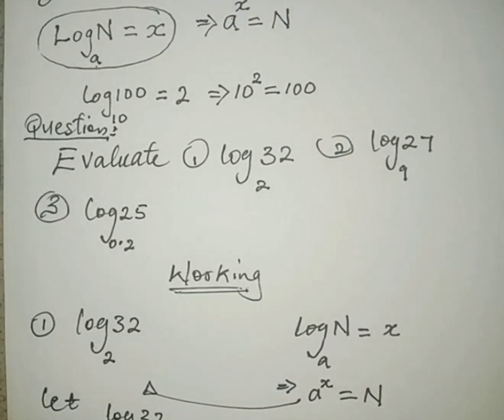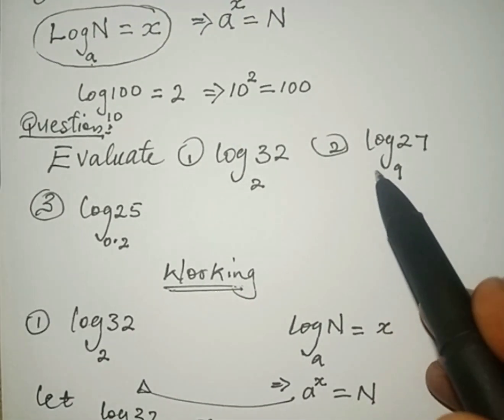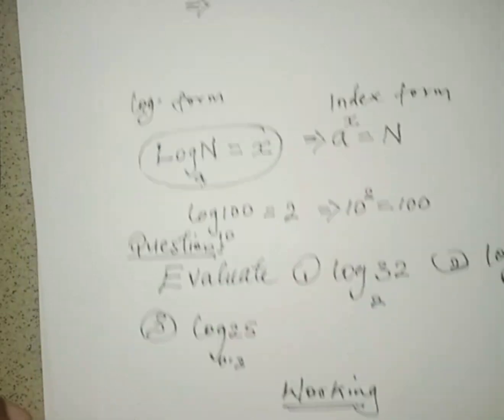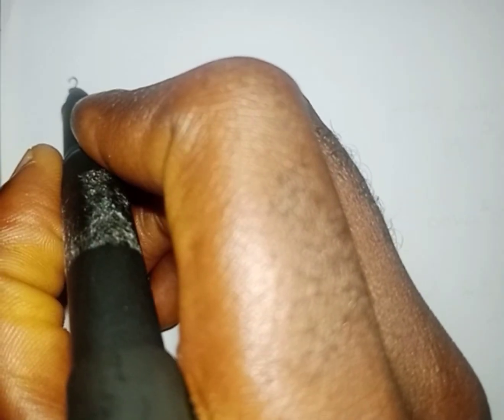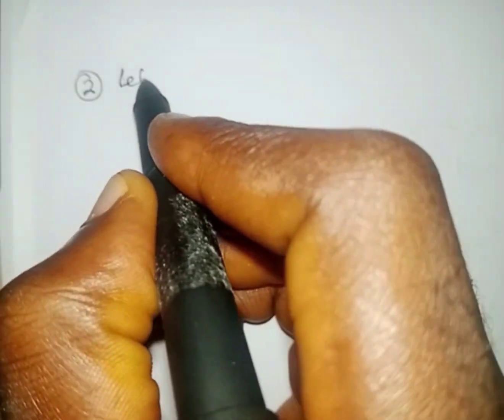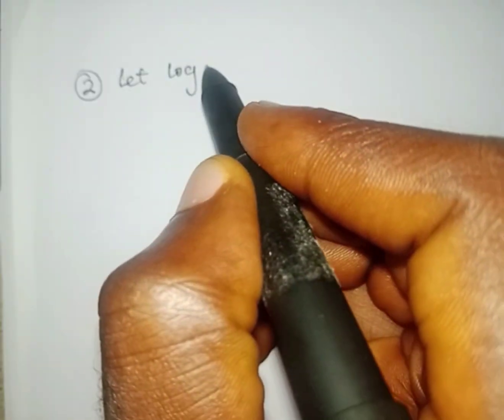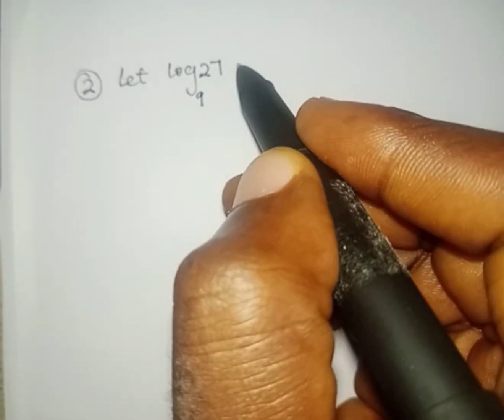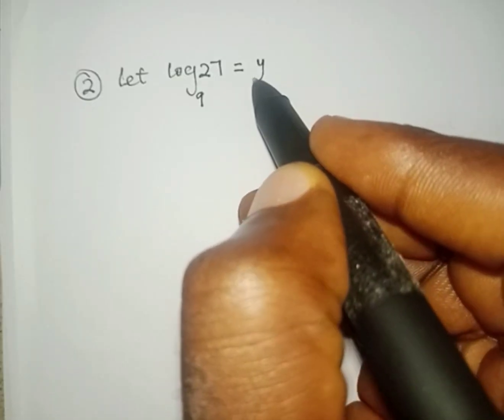Number 2, we are to evaluate log 27 to base 9. Let log 27 to base 9 equal, let's say, y.